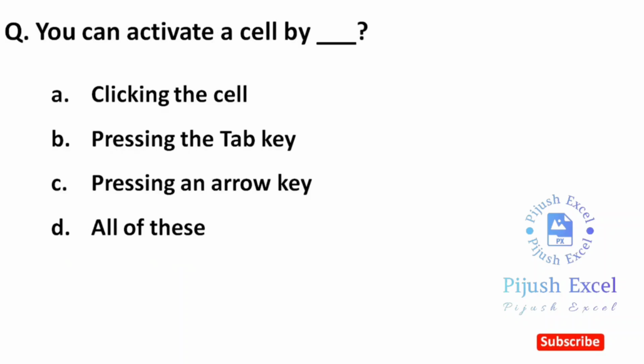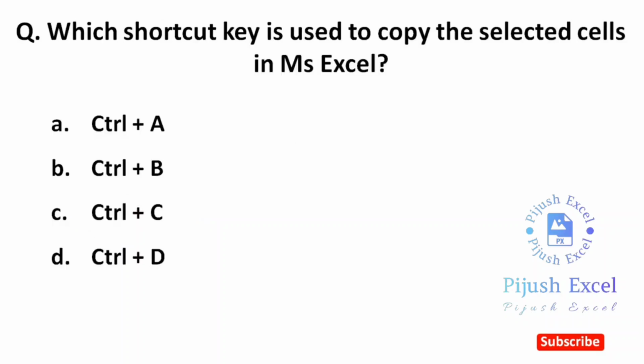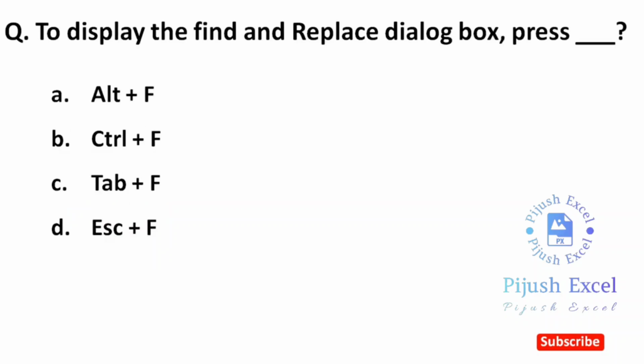Next question, you can activate a cell by dash. Right answer option D. Next question, which shortcut key is used to copy the selected cell in MS Excel? Option C. Next, to display the Find and Replace dialog box, press dash.